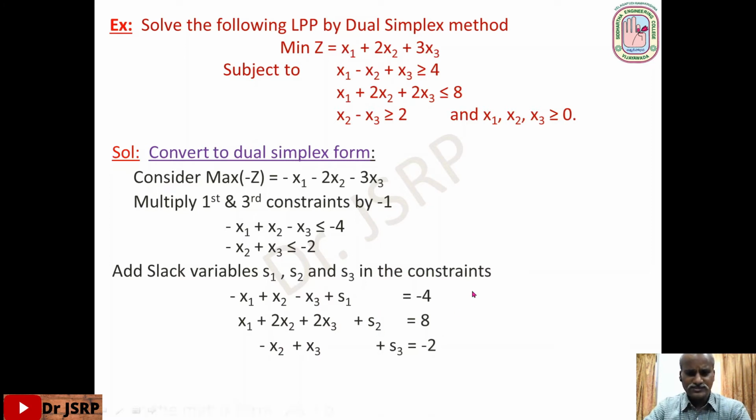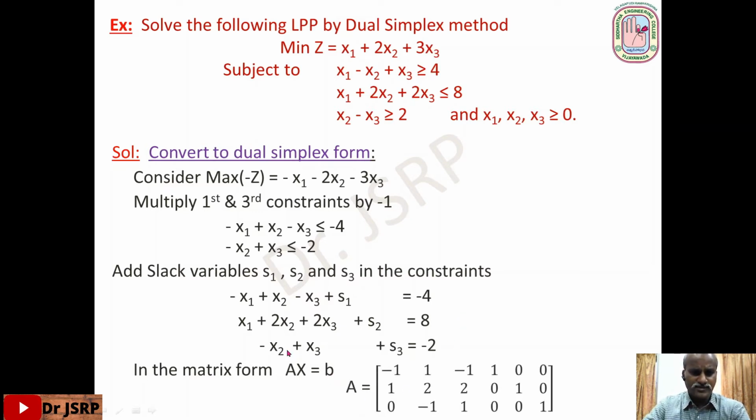As usual, in matrix form, Ax equals b. The coefficient matrix A has first column, the x1 coefficients: minus 1, 1, and there is no x1 term in the third constraint, so coefficient 0. So minus 1, 1, 0. The x2 column is 1, 2, minus 1.